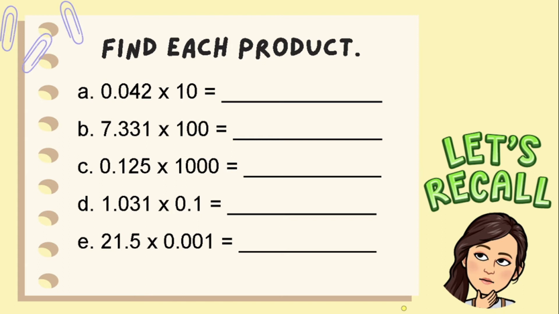Are you ready to check your answers? Okay, let's start with letter A, 0.042 times 10 is equal to? Very good, 0.42. Letter B, 7.331 times 100 is equal to? Yes, 733.1. Letter C, 0.125 times 1000 is equal to? Yes, 125.